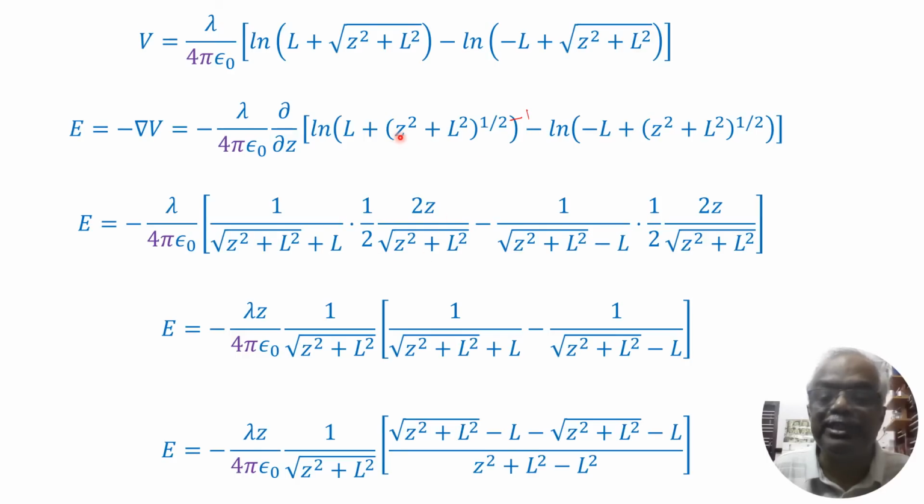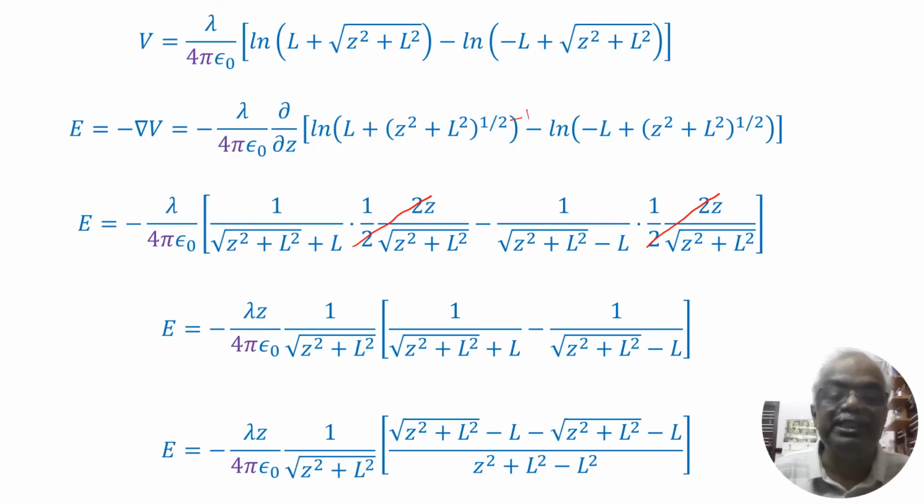Then you differentiate the z squared; if you differentiate z squared, you will get 2z. Here 2 and 2 will get cancelled. You do the same thing here: take this natural logarithm and differentiate, you will get 1 over this. Here also you do the same thing, and then this 2 will get cancelled.